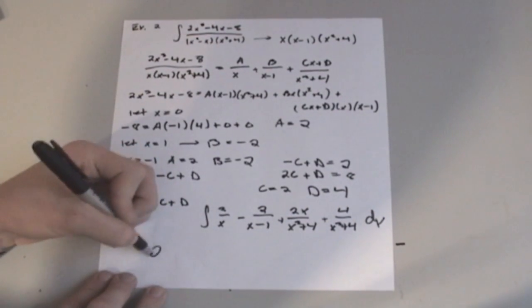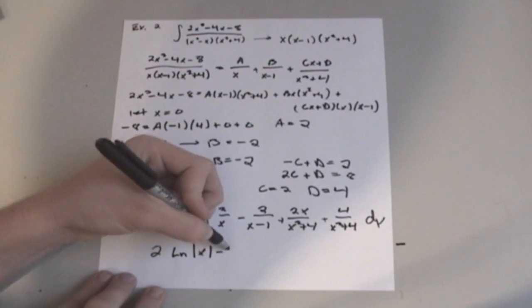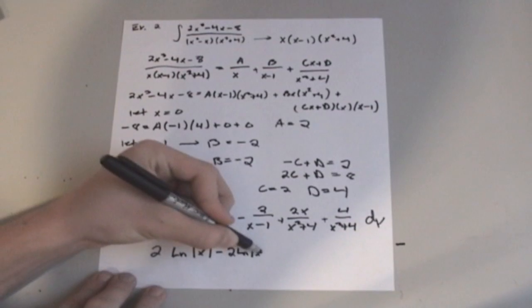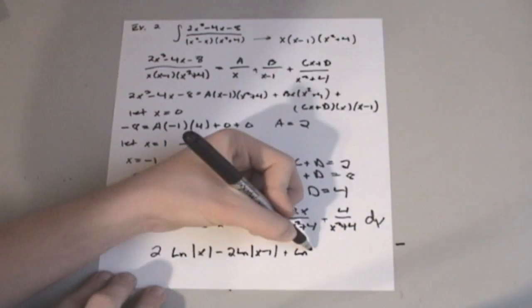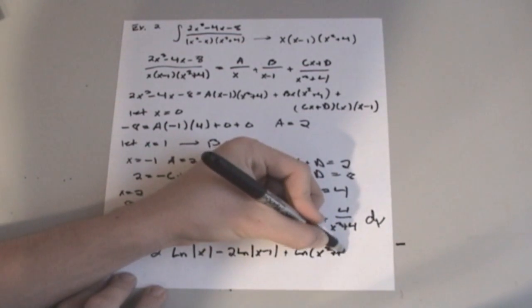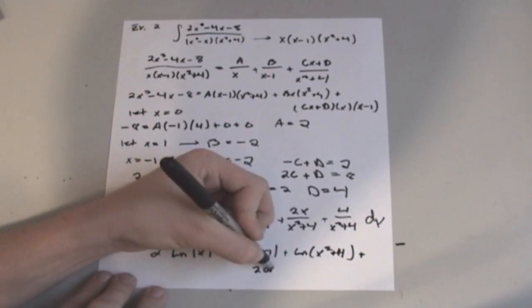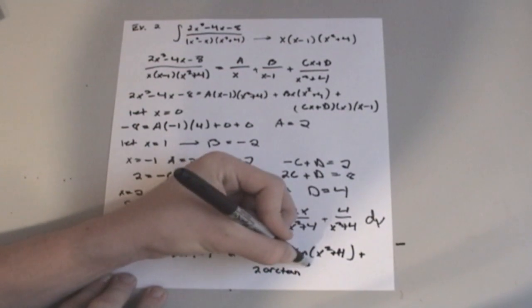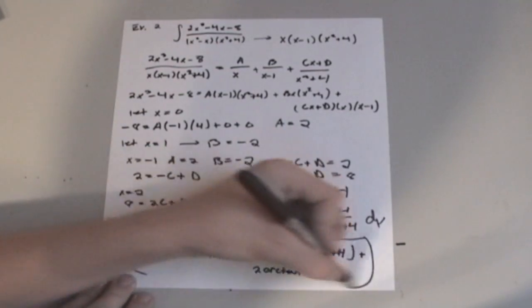It's going to get 2 ln of |x| minus 2 ln of |x minus 1| plus the ln of x squared plus 4, and we'll see if I can squeak this in here at the end, plus 2 arctan of x over 2, plus C. And there's your answer.